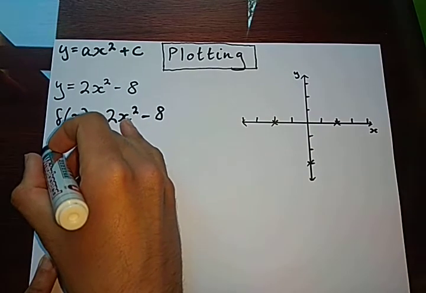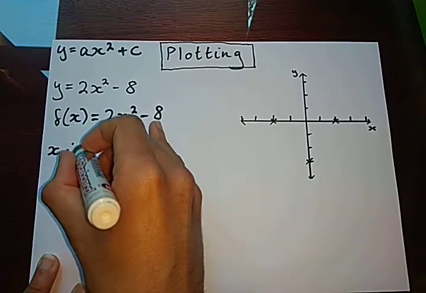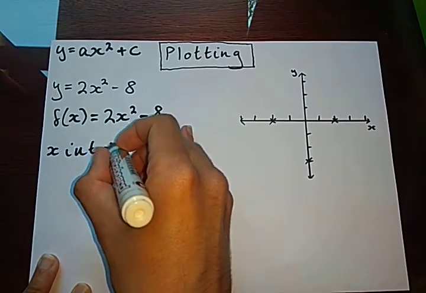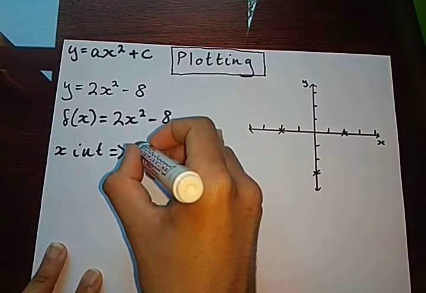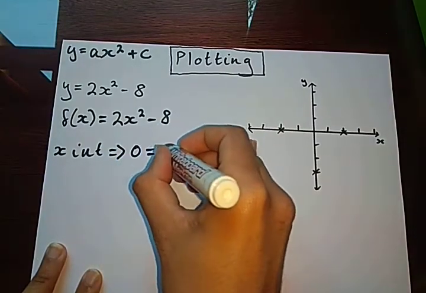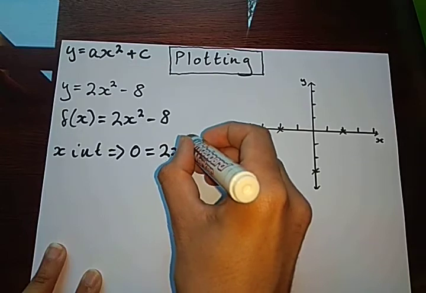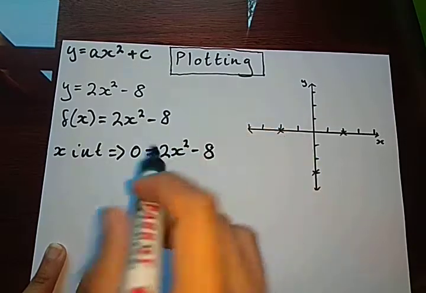Let's go ahead and find our x-intercepts. Our x-intercepts are found using the exact same method as our straight line graph, where we set the y value to 0. Therefore, the equation will read 0 is equal to 2x squared minus 8.